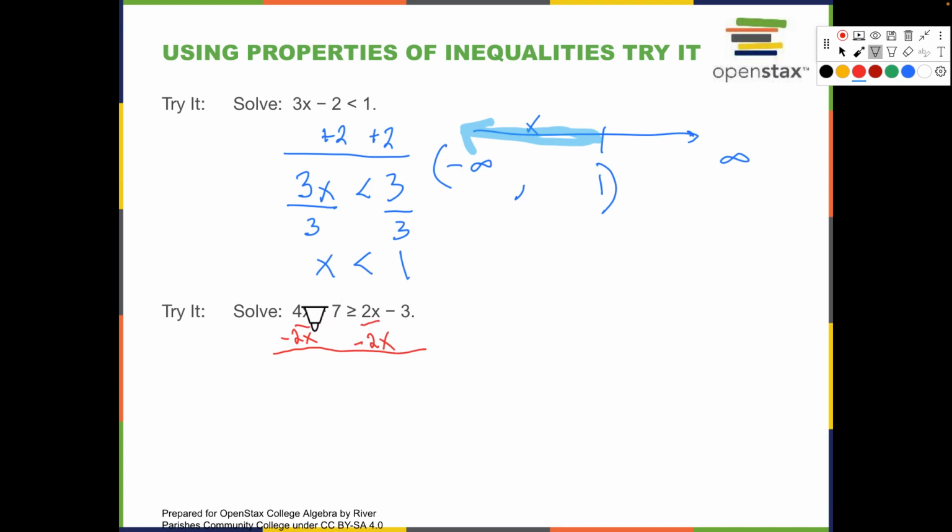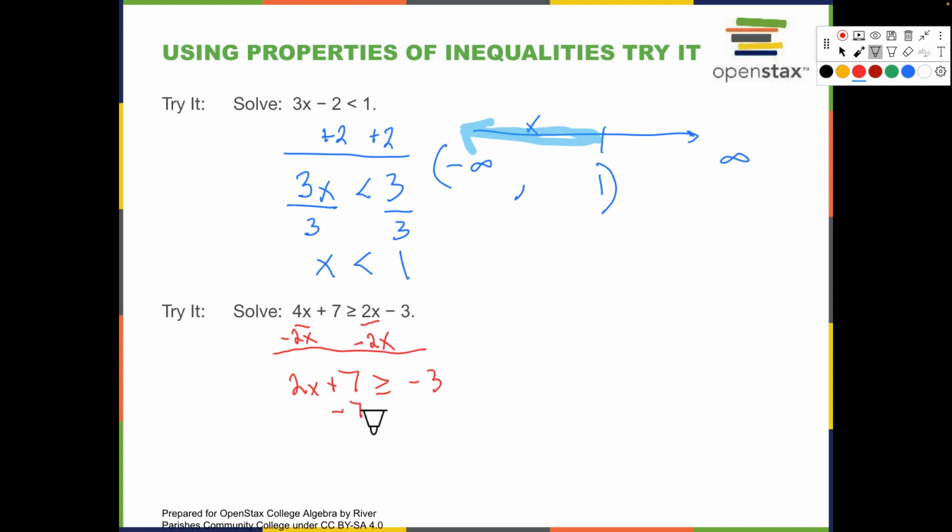It just will make, so 4x minus 2x is going to be 2x plus 7. This becomes 0, and that leaves us with negative 3. So now it's a little bit more manageable, right? And then we just do kind of what we did before.